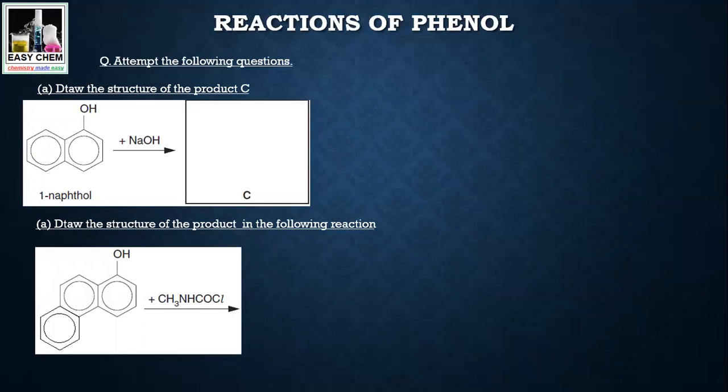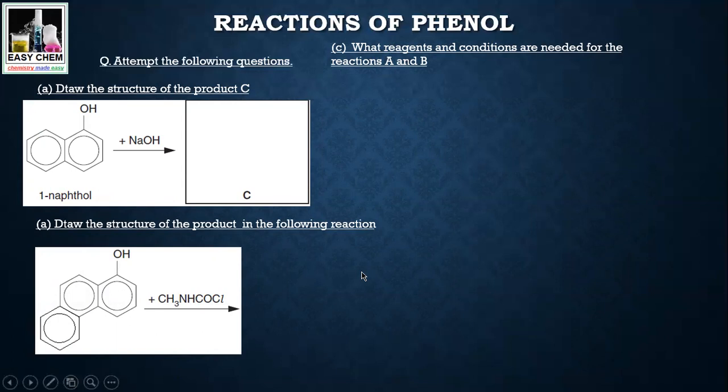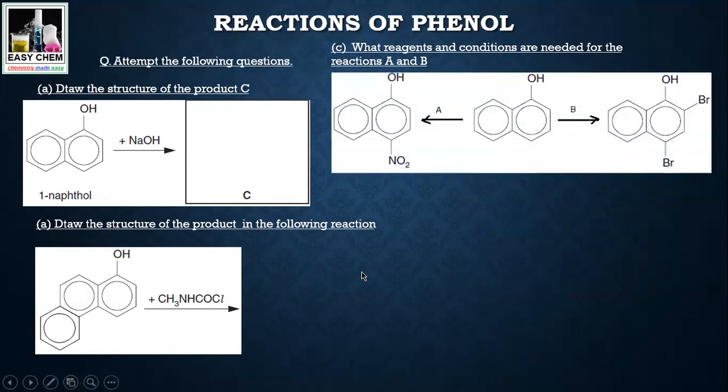Give the product C. What reagents and conditions are needed for the reaction A and B? Take your time. Take about 30, 40 seconds and try to figure out the answer.